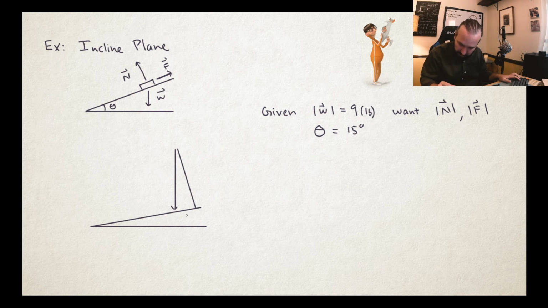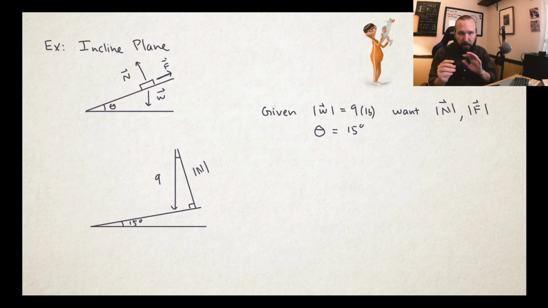This right here is the magnitude of F. This one right here is the weight, 9 pounds in our problem. And then right here is the magnitude of the normal force. And this is 15 degrees. So what I'd really like to do is figure out what angle goes up there in that corner. This is always 90 degrees. And if I could do that, then I could use right triangle trigonometry to figure these out.